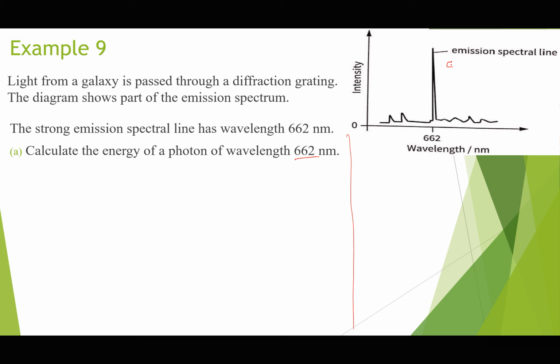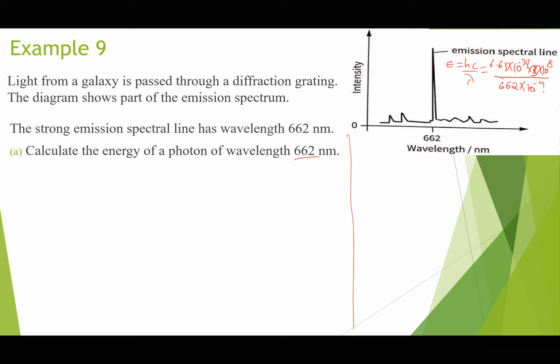Energy is equal to hc over wavelength, and this is going to be 6.63 times 10 to the power of minus 34, then times 3 times 10 to the power of 8, divided by the wavelength, which is 662 times 10 to the power of minus 9.